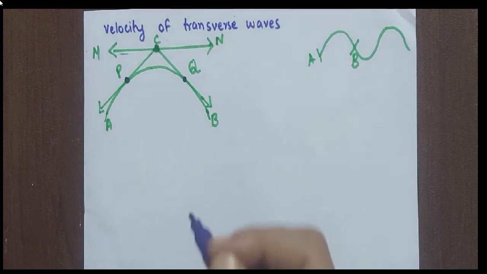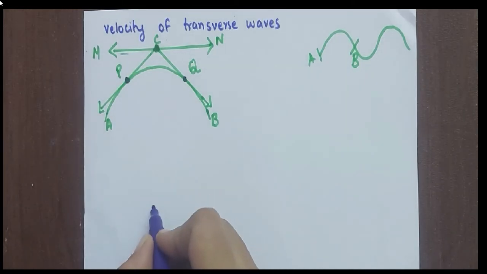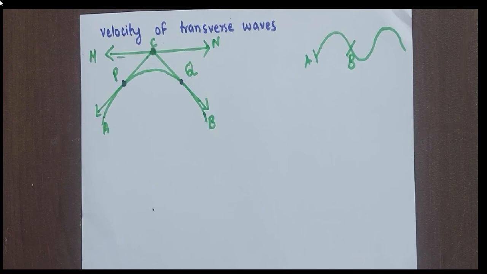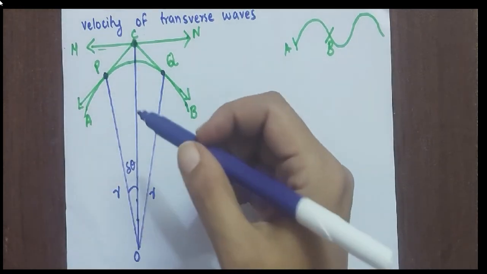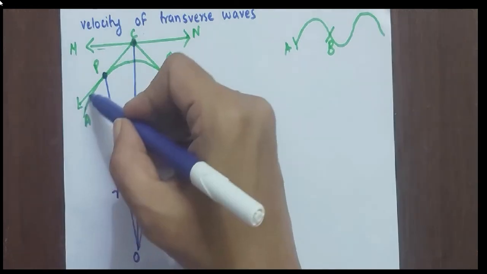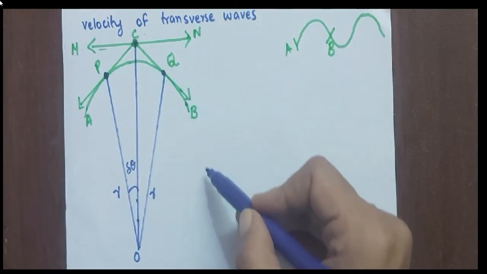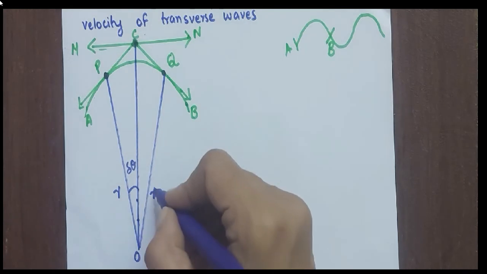Before writing, we will do one more construction. Now I extend this; if I join all the points, I will get a perfect circle, and let R be the radius.